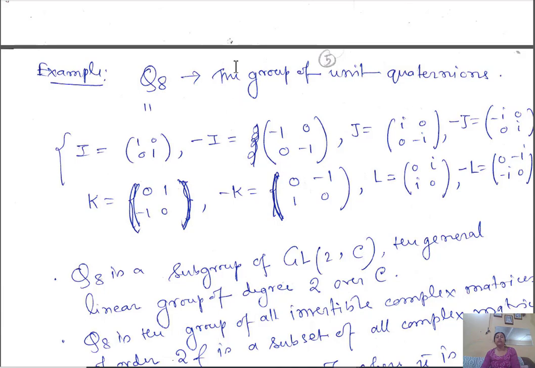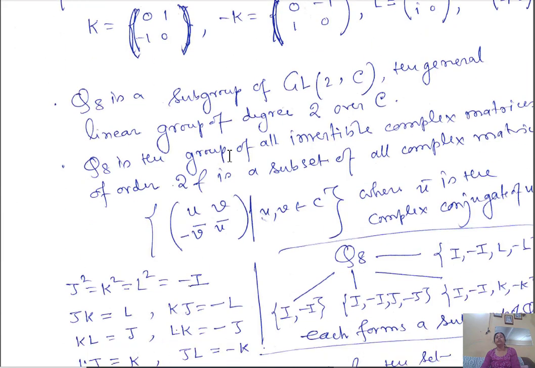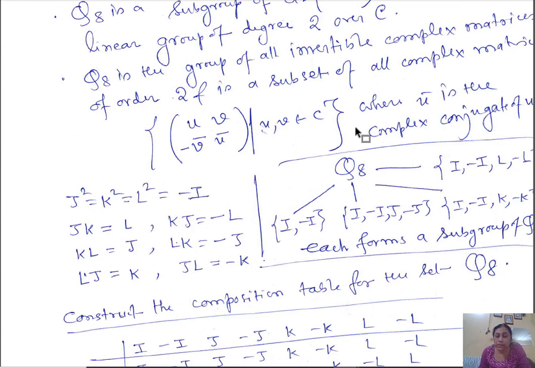Now what are the subgroups of Q8 itself? Q8 has 4 subgroups: {I, minus I}, {J, minus J, I, minus I}, {K, minus K, I, minus I}, {L, minus L, I, minus I}.